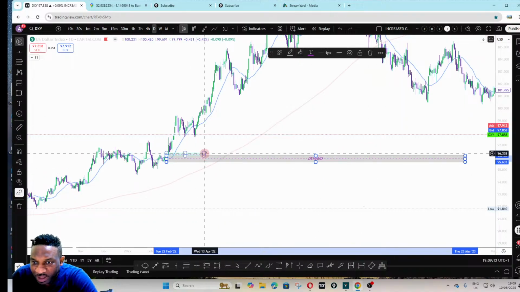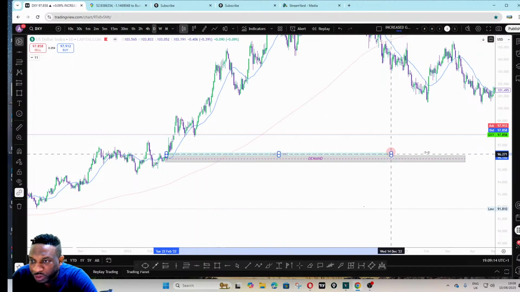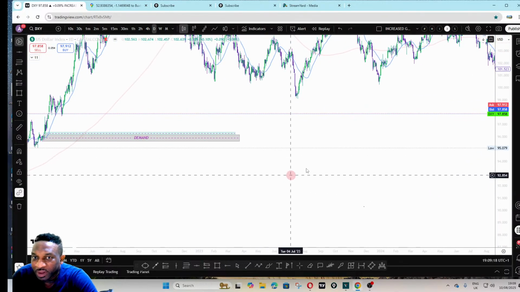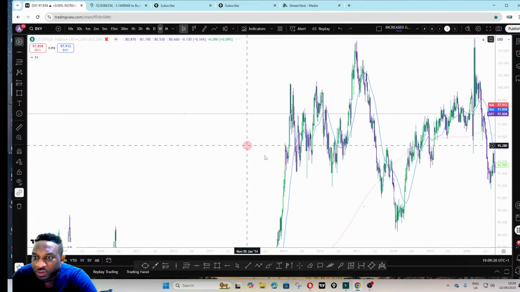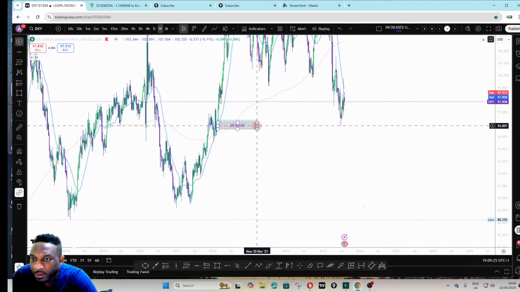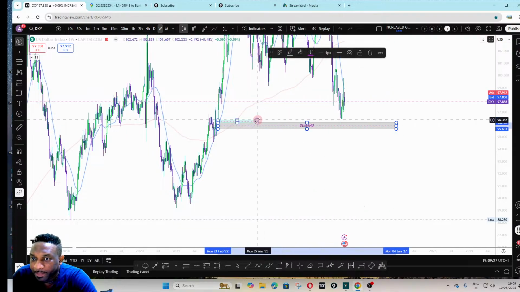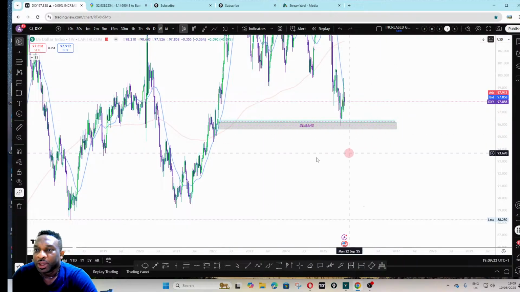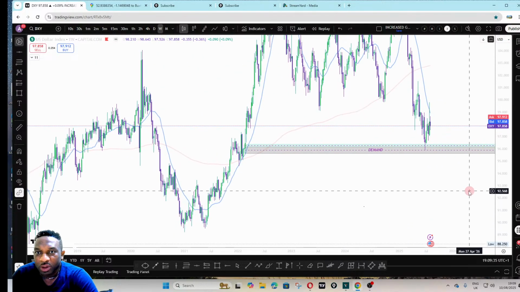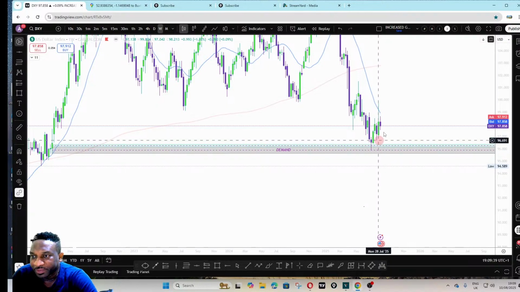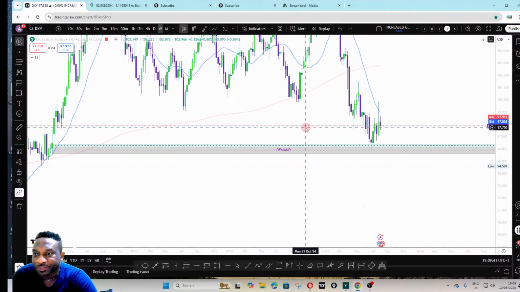Above it is the imbalance we have on DSY. That is where price currently is. Right here, this is on the weekly. This is the reason why price tapped in here and then pushed up again.